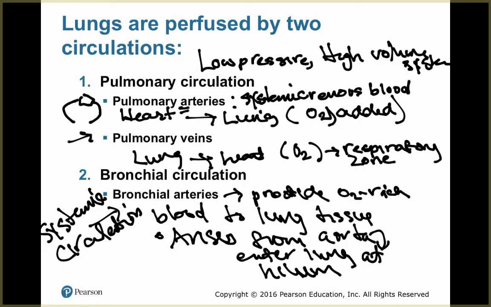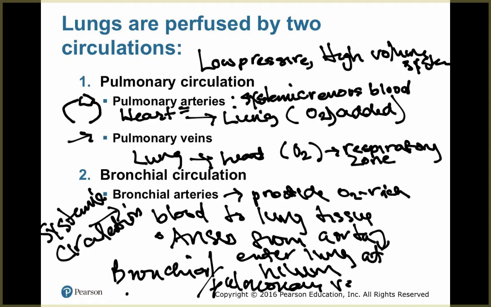And then, of course, pulmonary veins carry most of the venous blood back to the heart.